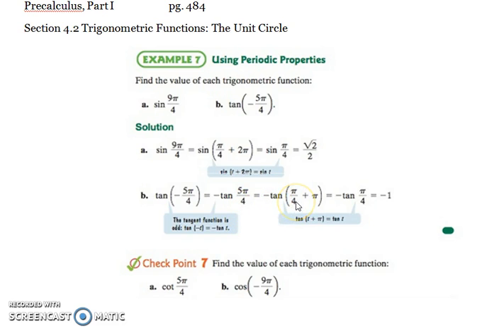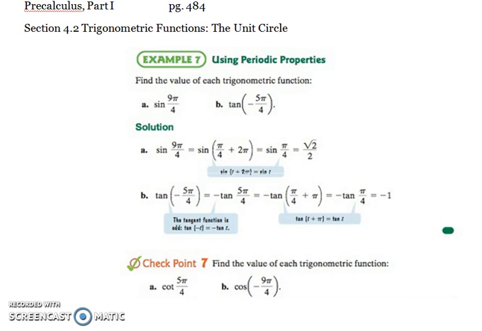And 5 pi over 4 is the same as pi over 4 plus pi, remembering that the tangent is periodic at pi, not 2 pi. So we can take out the pi, and it's going to be the same as the negative tangent of pi over 4. The tangent of pi over 4 off the circle is 1, so that would be negative 1.